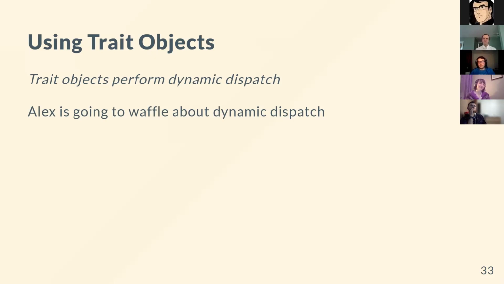The compiler generates non-generic implementations of functions and methods for each concrete type that we use in place of the generic type parameter. And the code that results from this is doing static dispatch, which is when the compiler knows what method you're going to be calling at compile time.